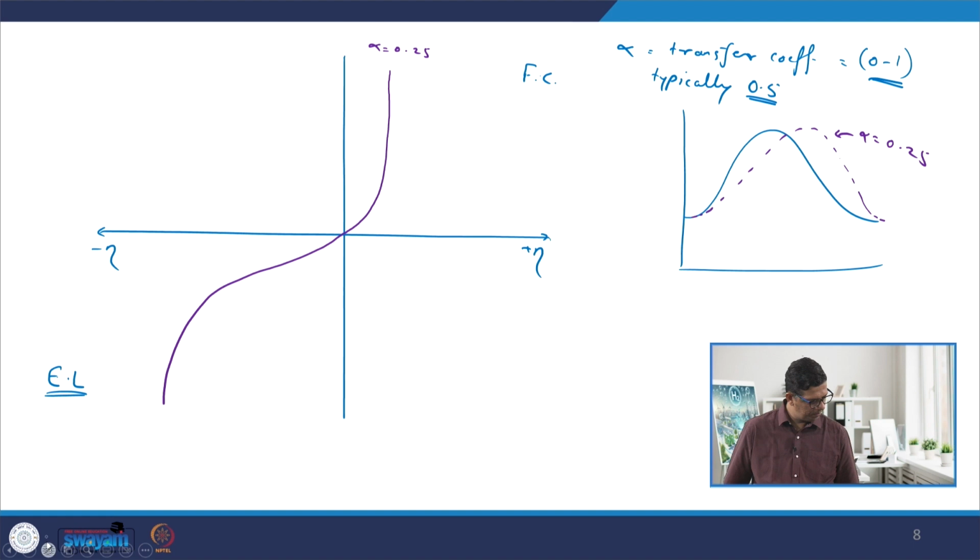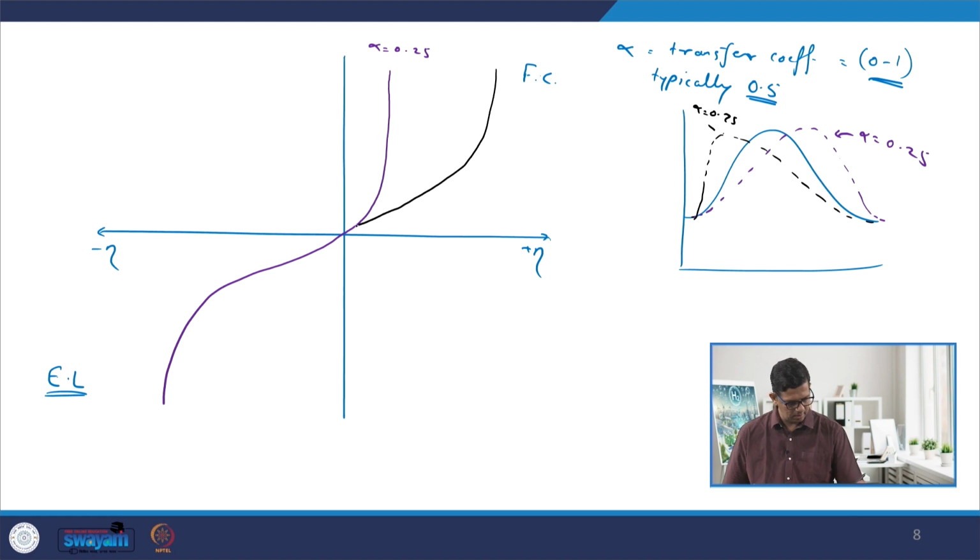What happens if I am using alpha as 0.75? If I am using 0.75, it will be like this. This is alpha as 0.75. So, alpha is 0.75, alpha is 0.25.